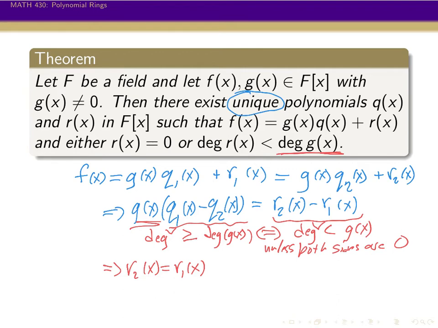And since we know g of x is non-zero, that has to mean that q1 minus q2 has to be 0. So q1 of x equals q2 of x, and that gives us our uniqueness. And that finishes the proof. So we can do division algorithms on polynomials the same way that we do it with integers.